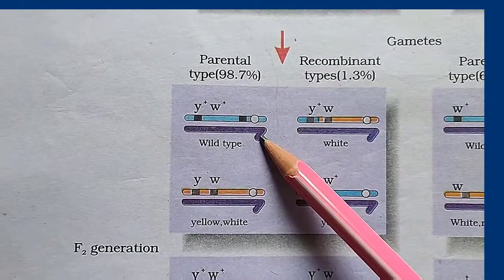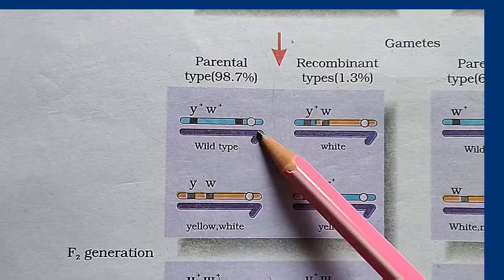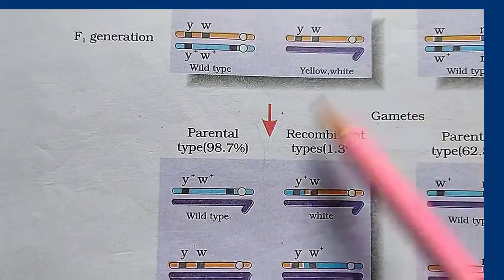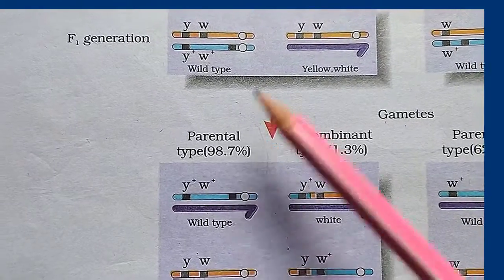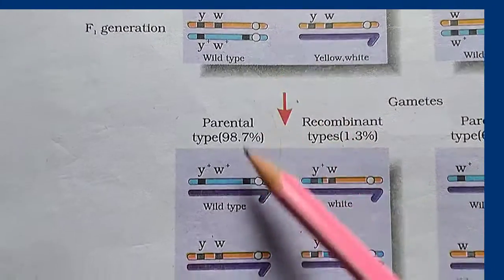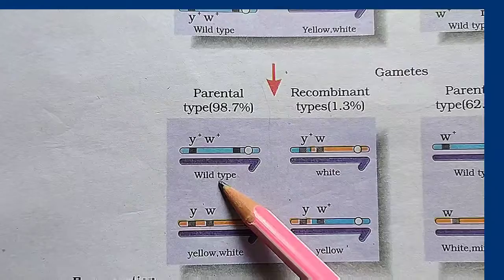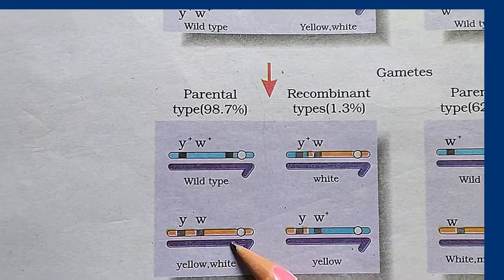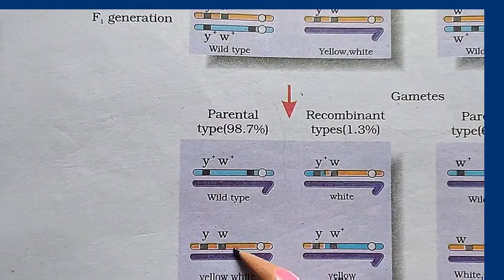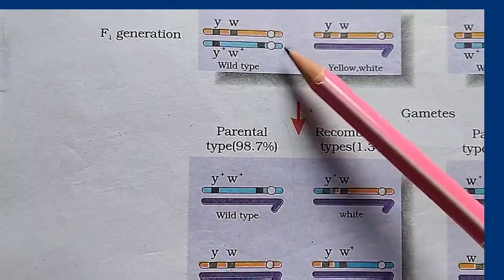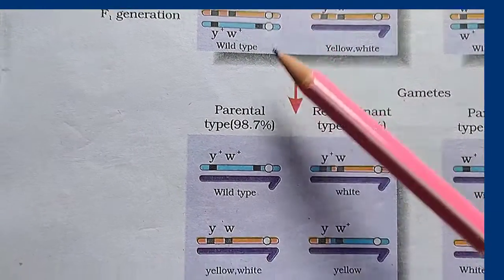This Y chromosome is from father. These y plus w plus genes are from mother. So it becomes wild type. This Y chromosome is from father. This X chromosome is from mother, y w.